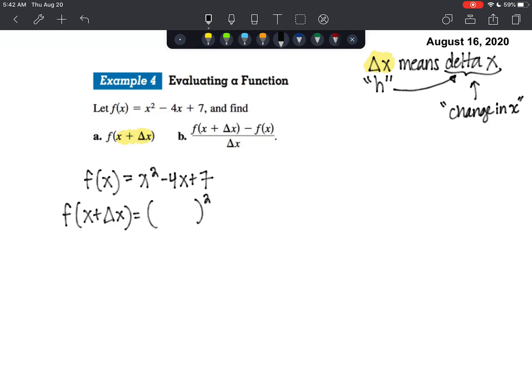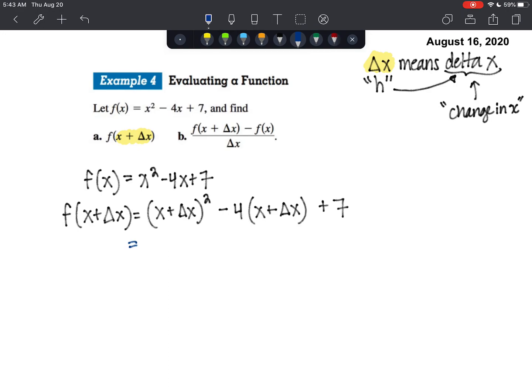So I'm going to have a binomial squared minus 4 times a binomial plus 7. So I'll have x plus delta x quantity squared minus 4 times x plus delta x plus 7. Now look at delta x as just a single variable. We're going to square this binomial.